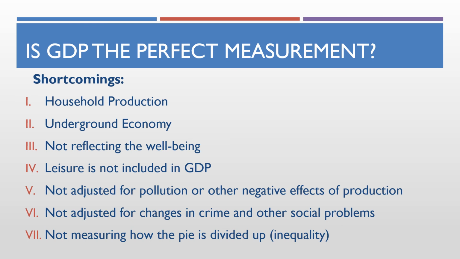They were arguing that the majority of the wealth in the United States is held by 1% of the population, and therefore those incomes, wealth, and resources are distributed very unevenly in the economy. That's another very important issue that GDP does not reflect well.